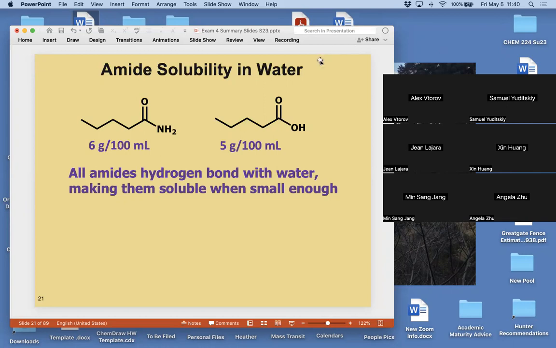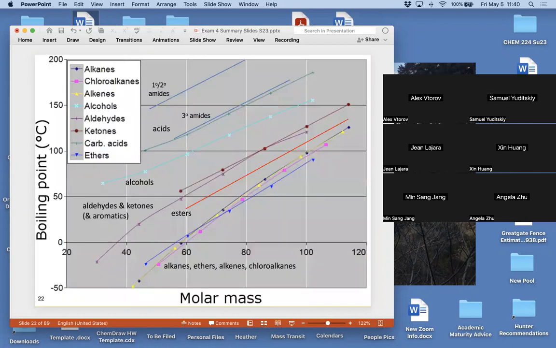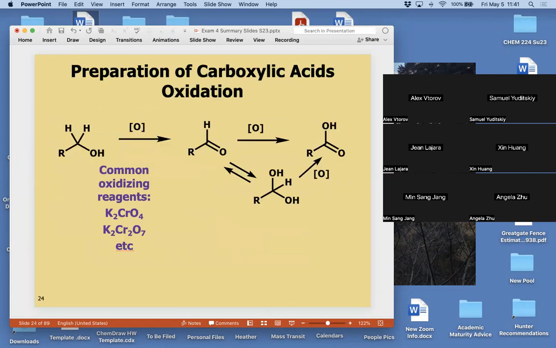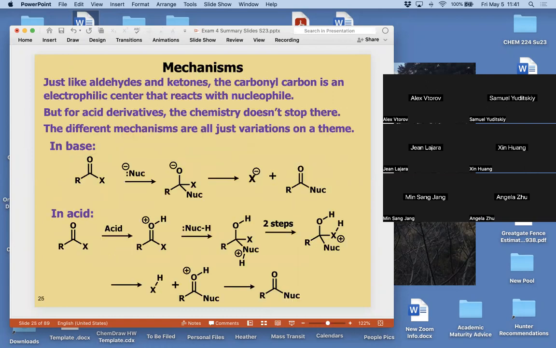Okay, this is for your contemplation, of course. This is the order, and if you look at it, you'll notice interactions tend to be overlapping. I should put the amines on here, too late. Okay, this is review.